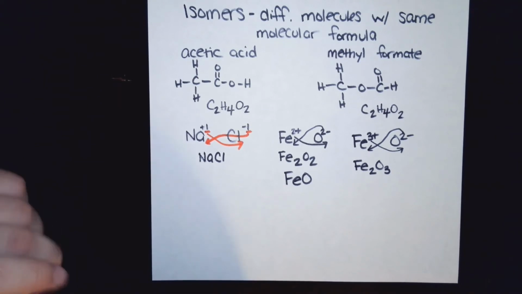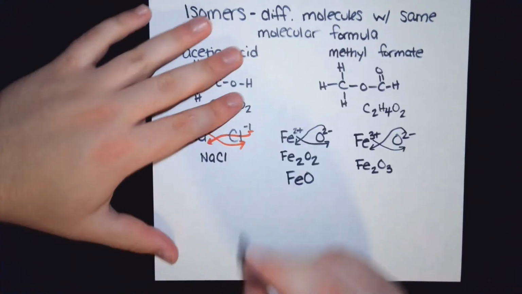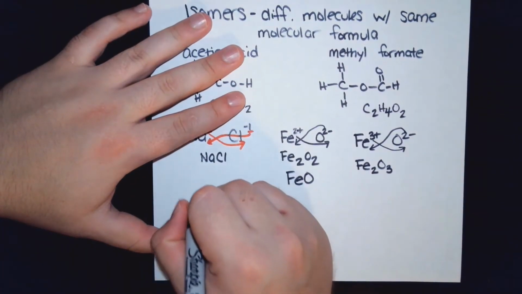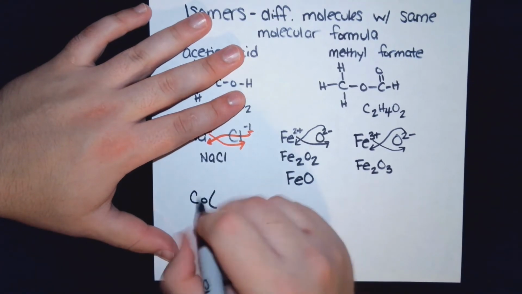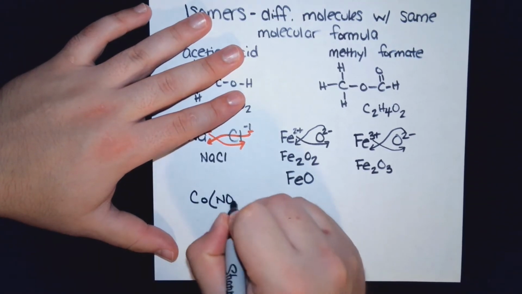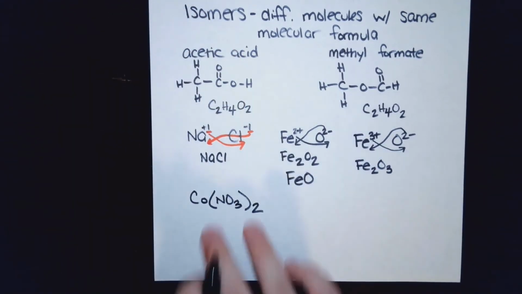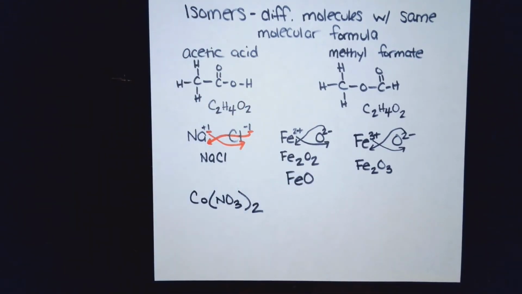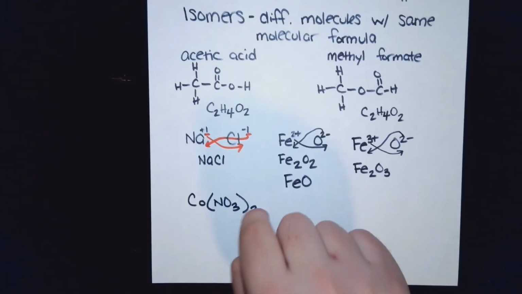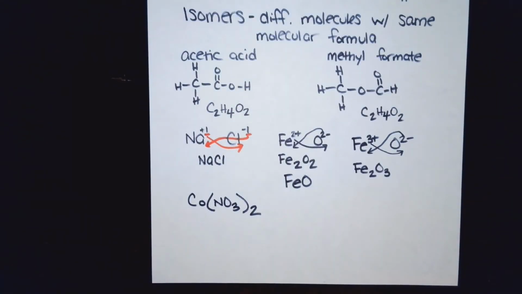Now, let's say we are dealing with polyatomics. So let's say we have a molecule that looks like this. Cobalt, and I'll stick with nitrate for now. So if you have a polyatomic, you need to put that in parentheses if you have a subscript outside of there.